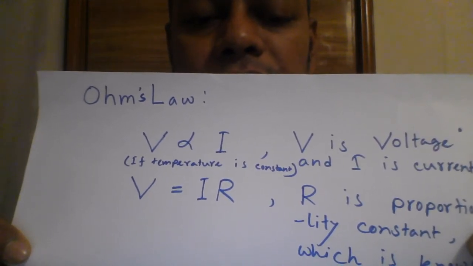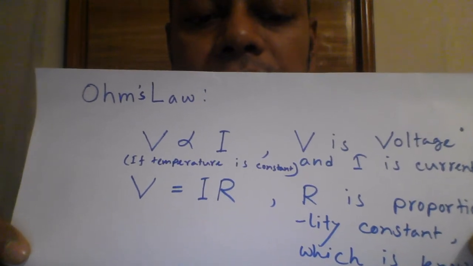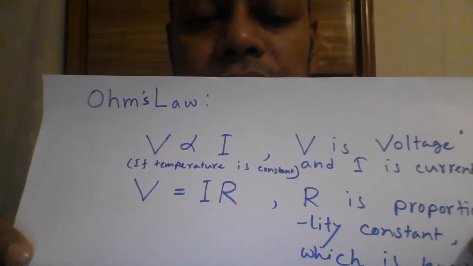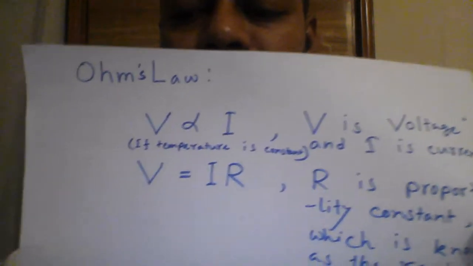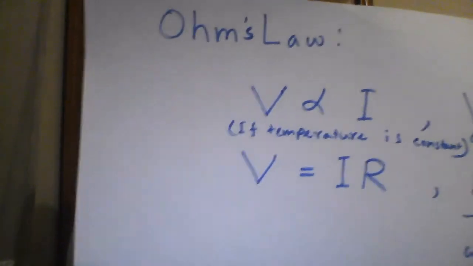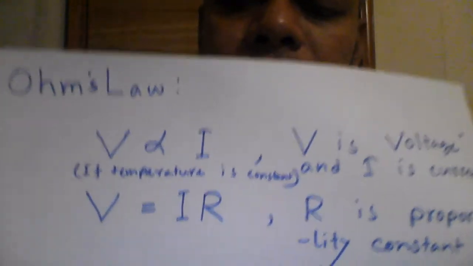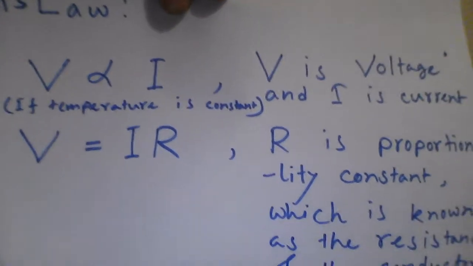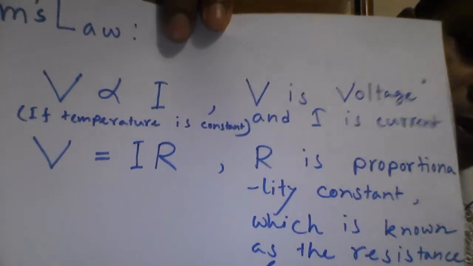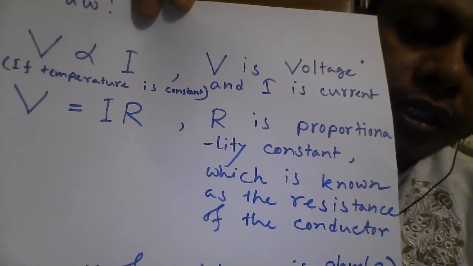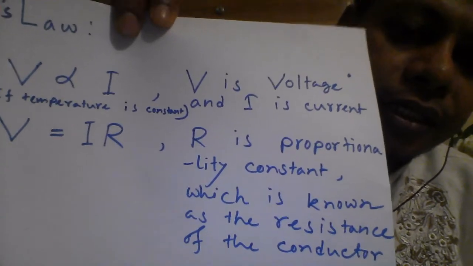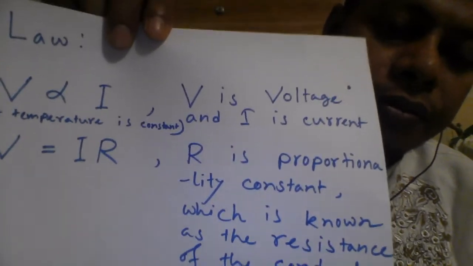We just gave here as R. V equals IR, and R is here proportionality constant. I wrote here proportionality constant, and this proportionality constant is known as resistance of the conductor.